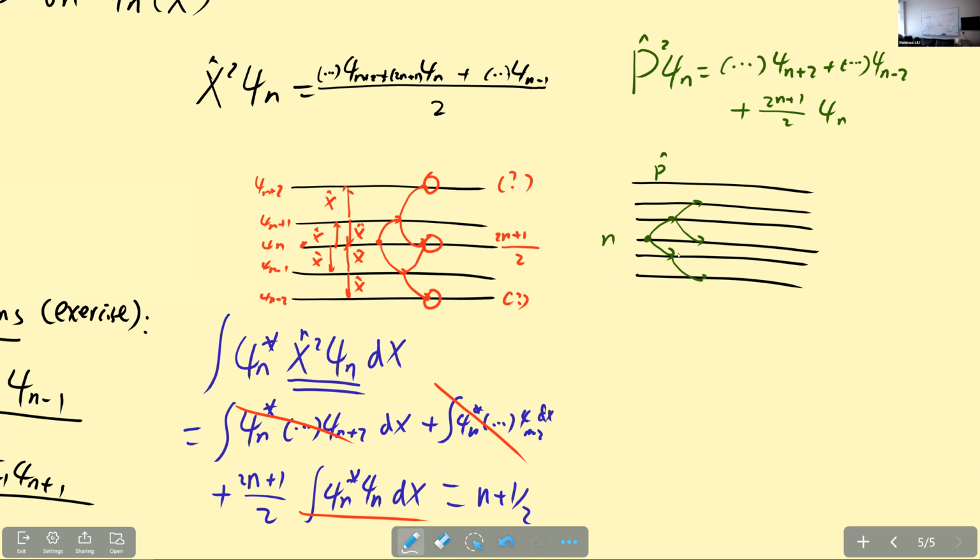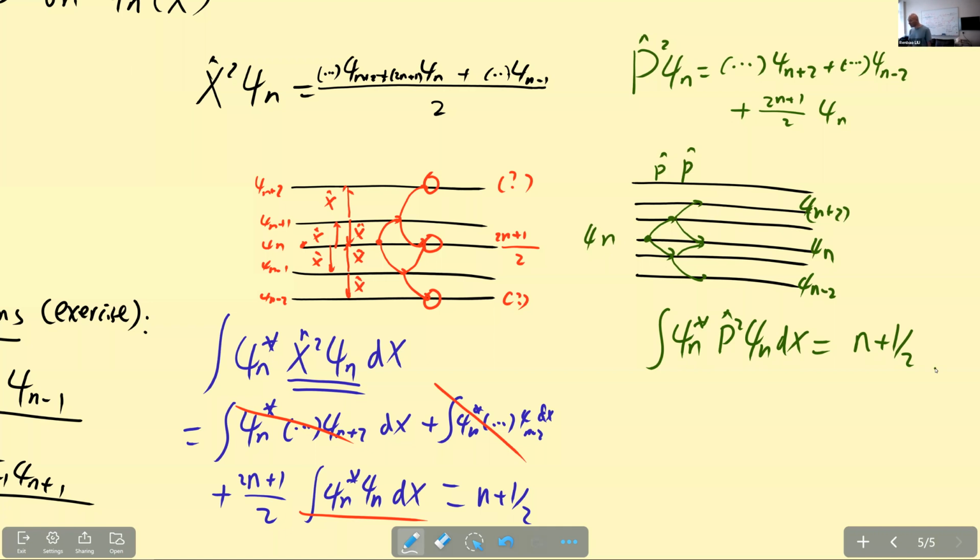So you get m plus 2 and m, or m minus 2. So you have m, p squared and m dx, and that gives us m plus half.